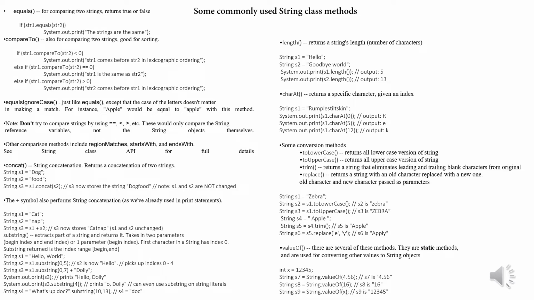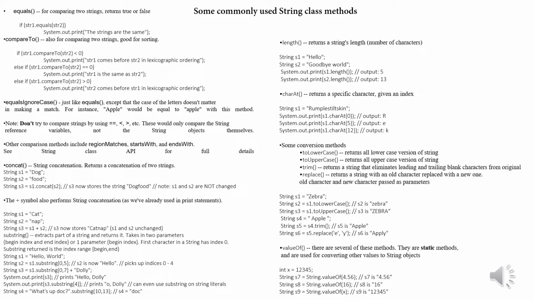s2.length will return the length of string number 2. What is string number 2? It's goodbye world. How many characters do we have inside this string? It's 13. So the output of s2.length is 13. So that's a very important method that you probably may use a lot.